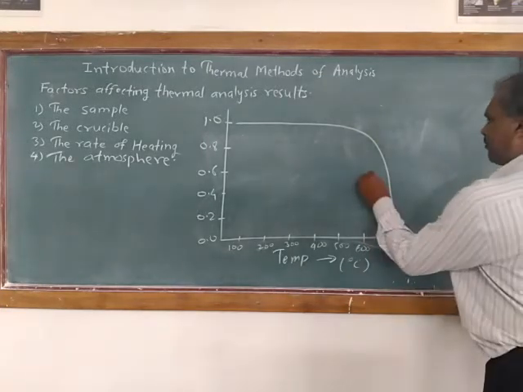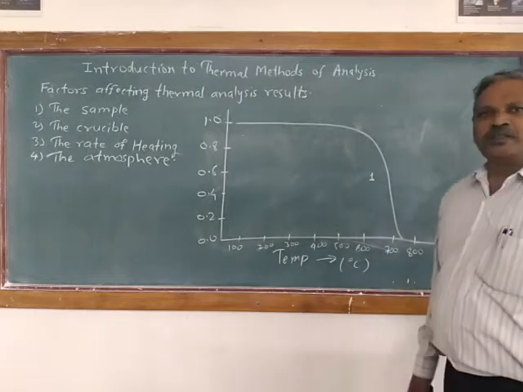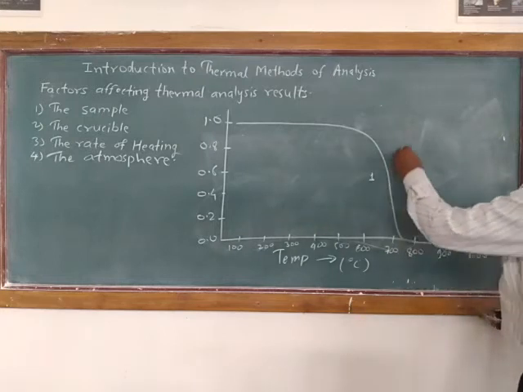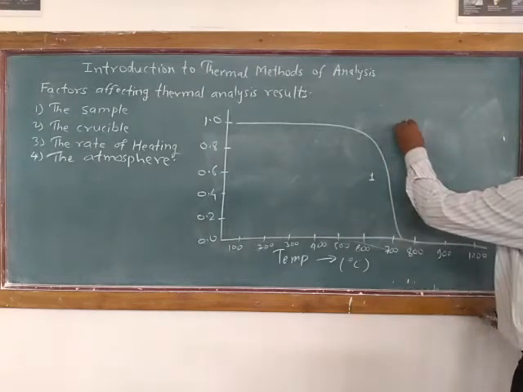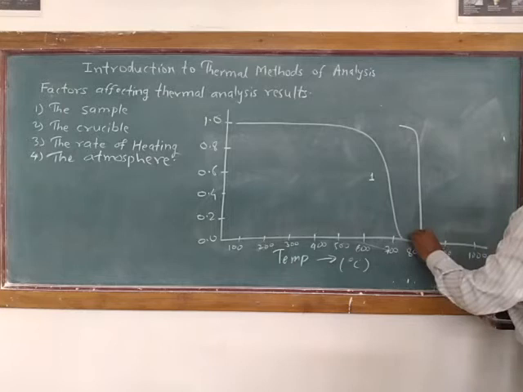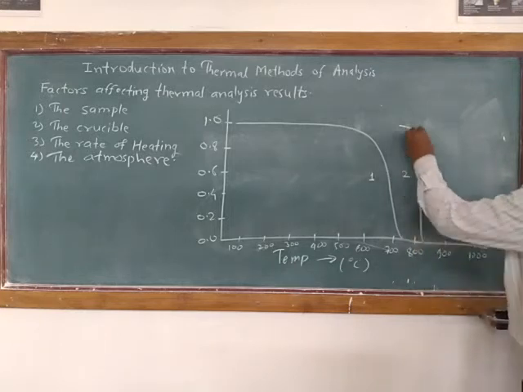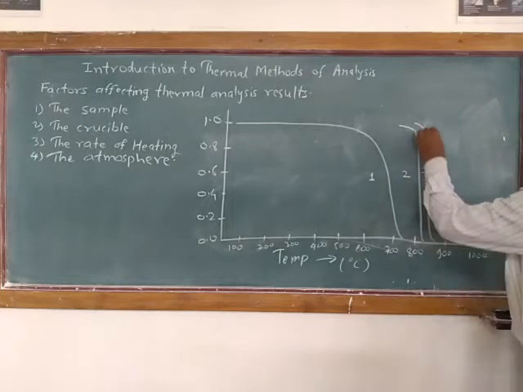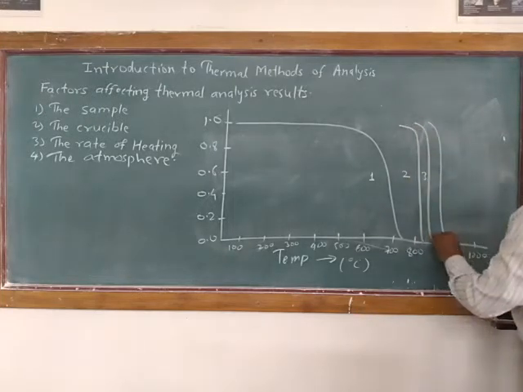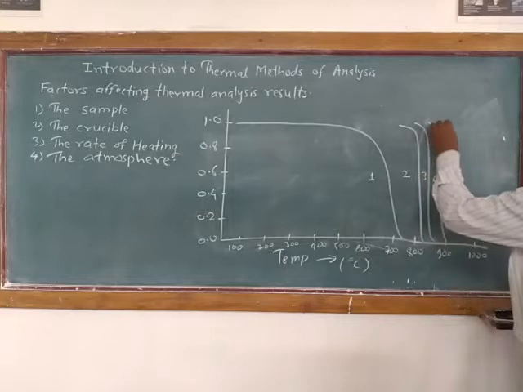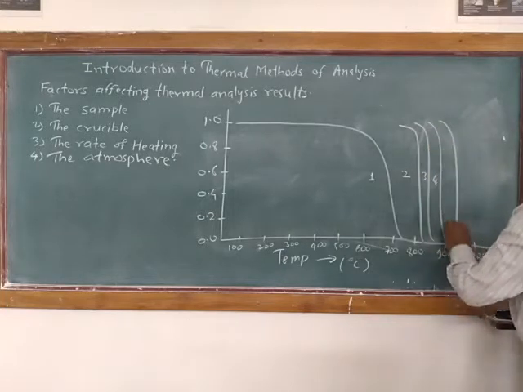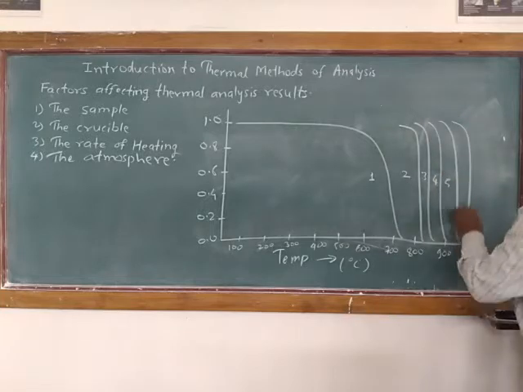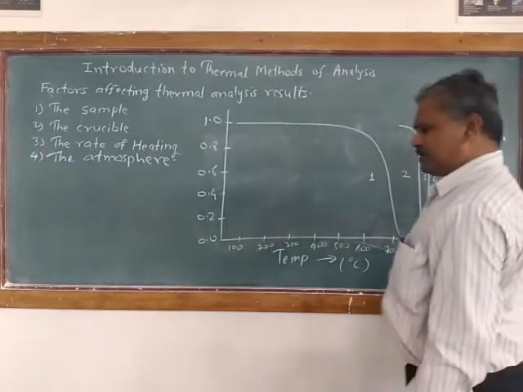This is curve number 1. The curve number 2 will be obtained, this is curve number 2, curve number 3, curve number 4, curve number 5, and curve number 6.